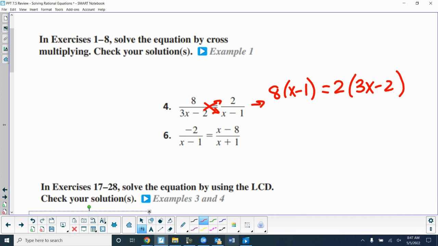This one's going to be negative 2 times x plus 1 equals x minus 1 times x minus 8. We good on those? All right, and then the answers to those, let's check here in the book, see what they say.